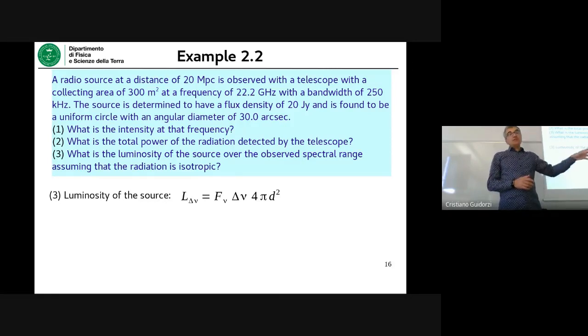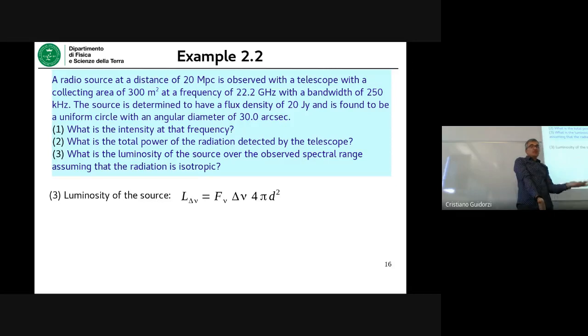So either you take the formula like we saw before, or if you want to reason here, well, you observer lie at a distance d from the source. So you are lying on a spherical surface of radius d.